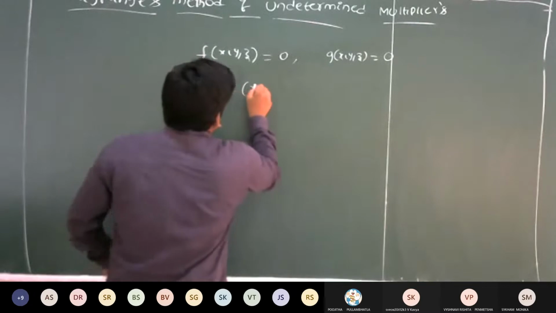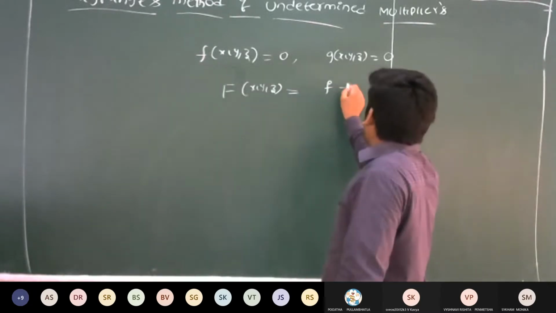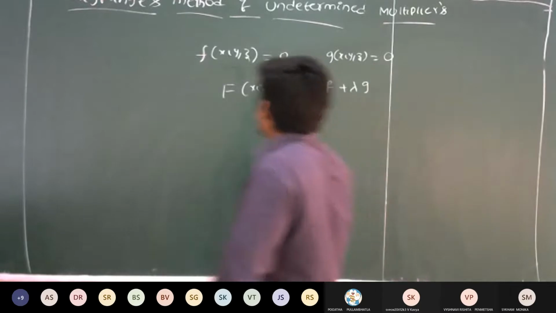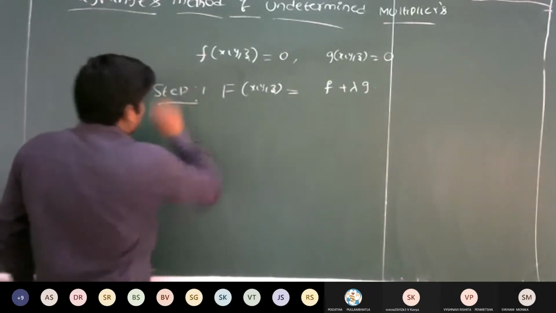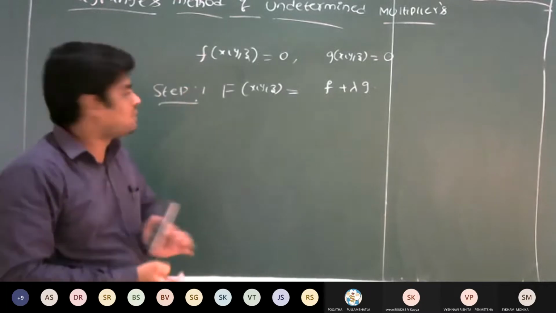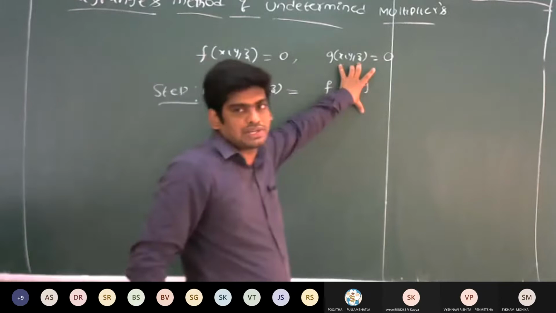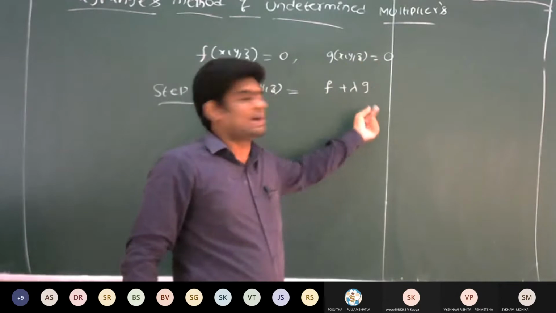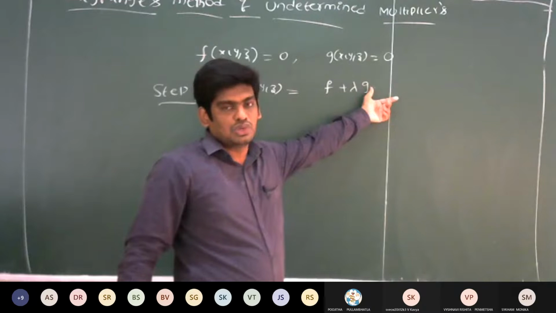Then it becomes capital F of x comma y comma z equal to f plus lambda g. This is the first step in the working procedure. We have to connect the given function and the constraint by using the unknown parameter lambda, so it becomes f plus lambda g equal to 0.